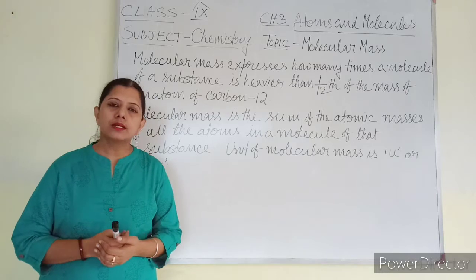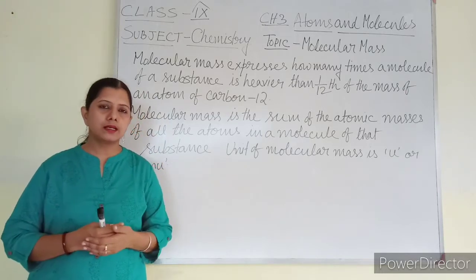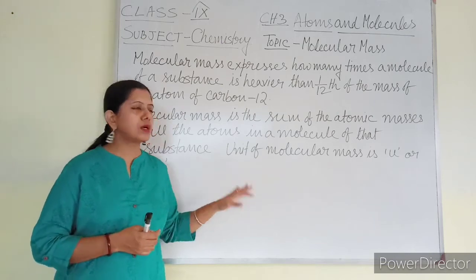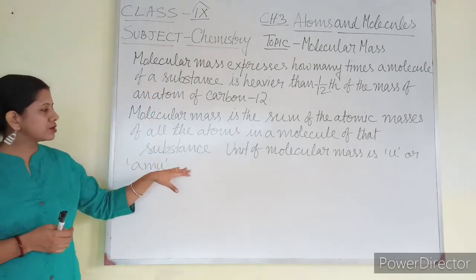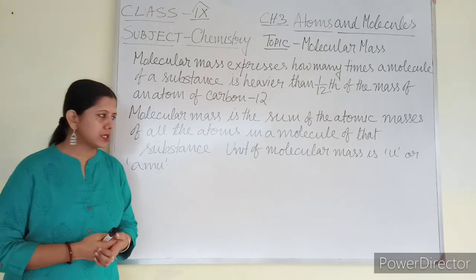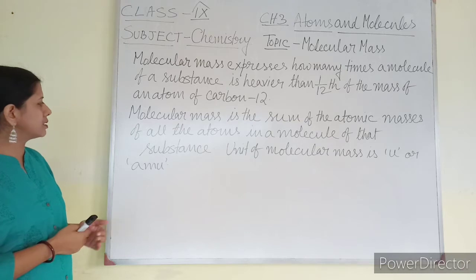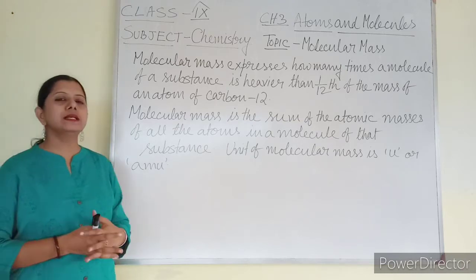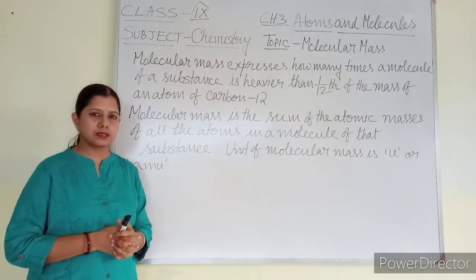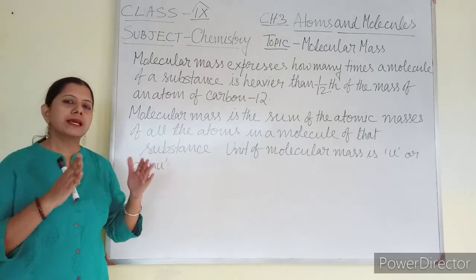How to calculate molecular mass numerically? For that, this one is used. This can also be used as a definition of molecular mass. Molecular mass is the sum of the atomic masses of all the atoms in a molecule of that substance. Suppose H2O. So what are the atoms?